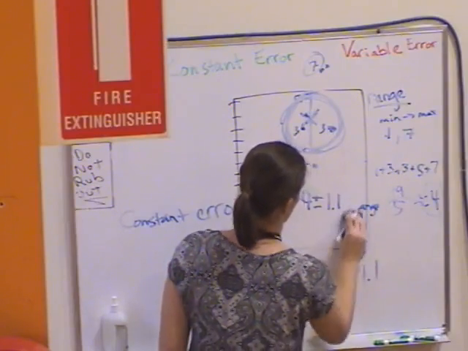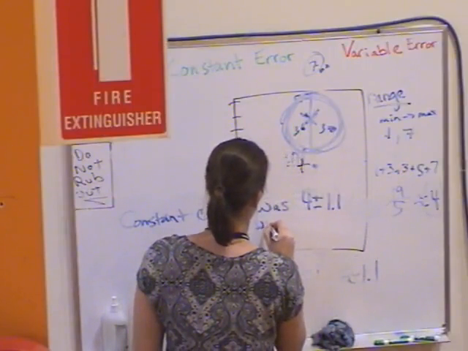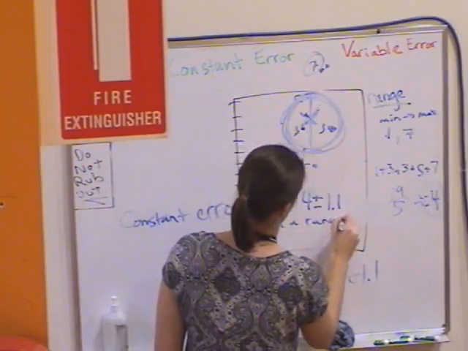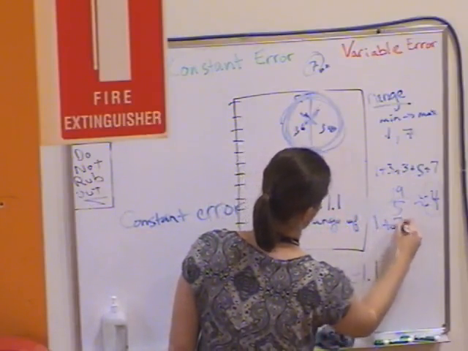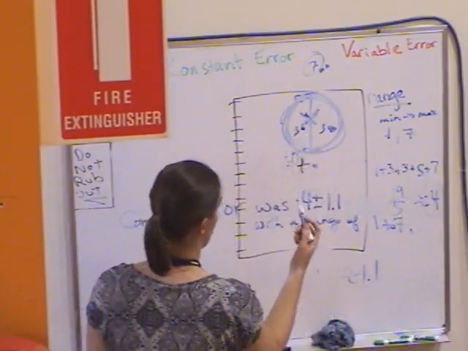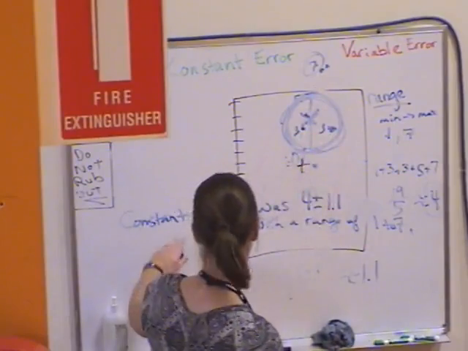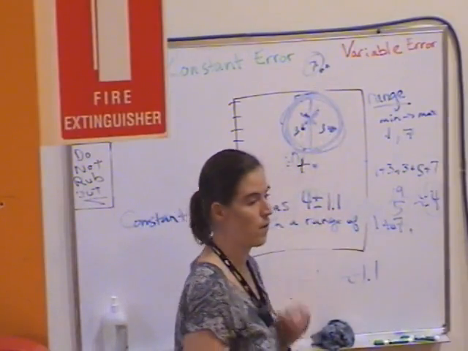I'll put this on the next line, and then you can say with a range of 1 to 7. That would be a very explicit way of describing that basic data. So constant error was 4 plus or minus 1.1, range of 1 to 7.